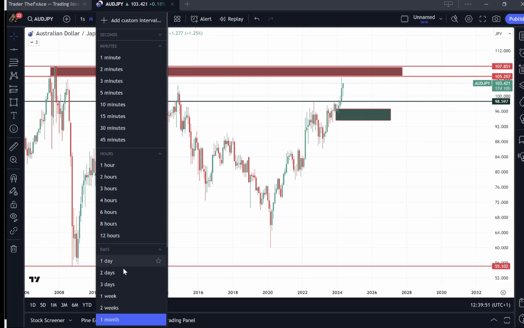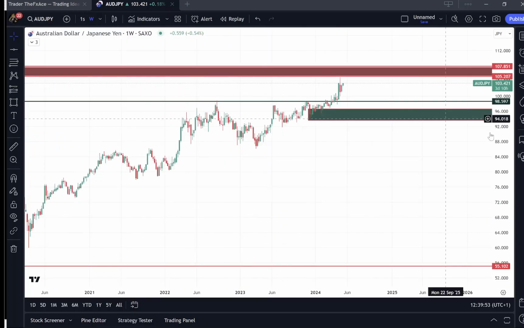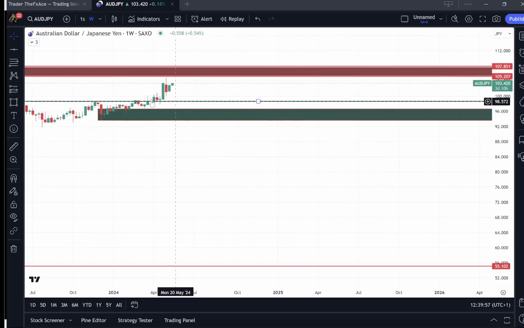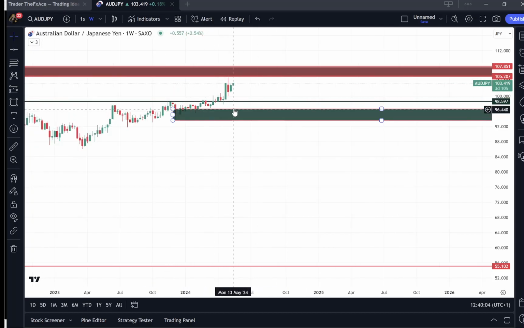If we look at the weekly charts, again, we can see this red candle here when we had those 2 bouts of intervention 2 weeks ago. The market is rallying back up towards this area.